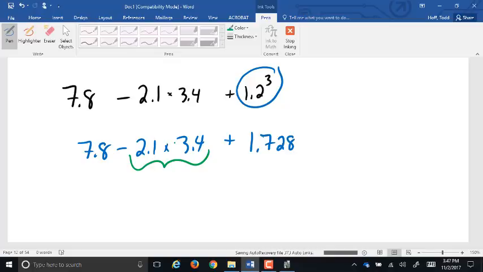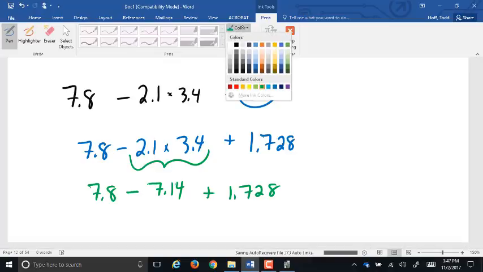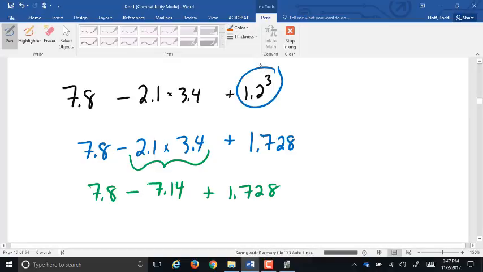So, what is 2.1 times 3.4? 7.14? So it's 7.8 minus 7.14 plus 1.728. Yes.